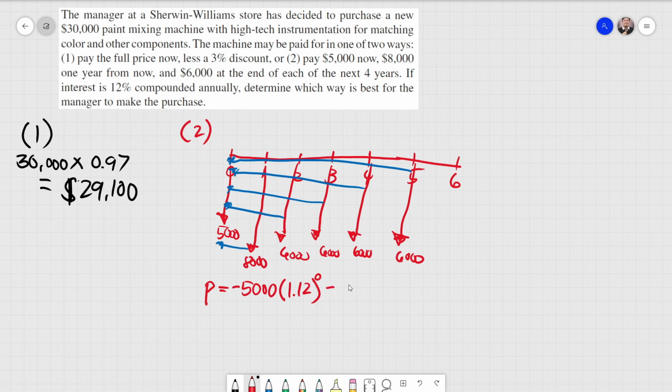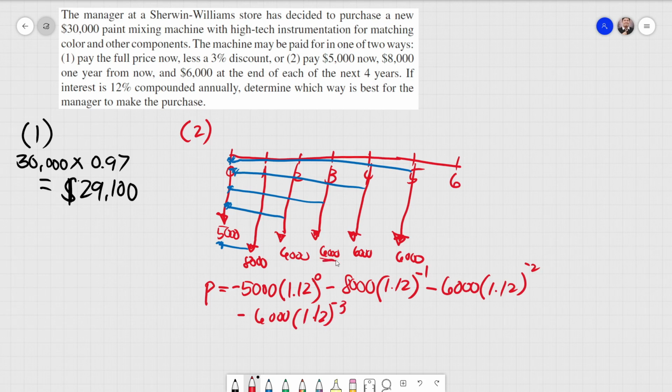Minus 8,000 times 1.12 raised to 0 minus 1, or just simply negative 1, minus 6,000 times 1.12 raised to negative 2, minus 6,000 times 1.12 raised to negative 3.